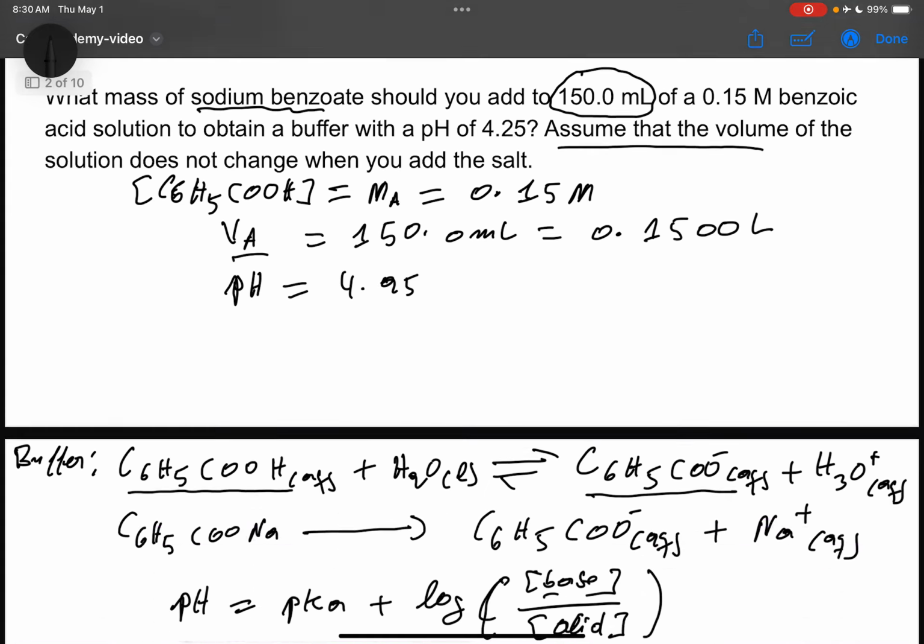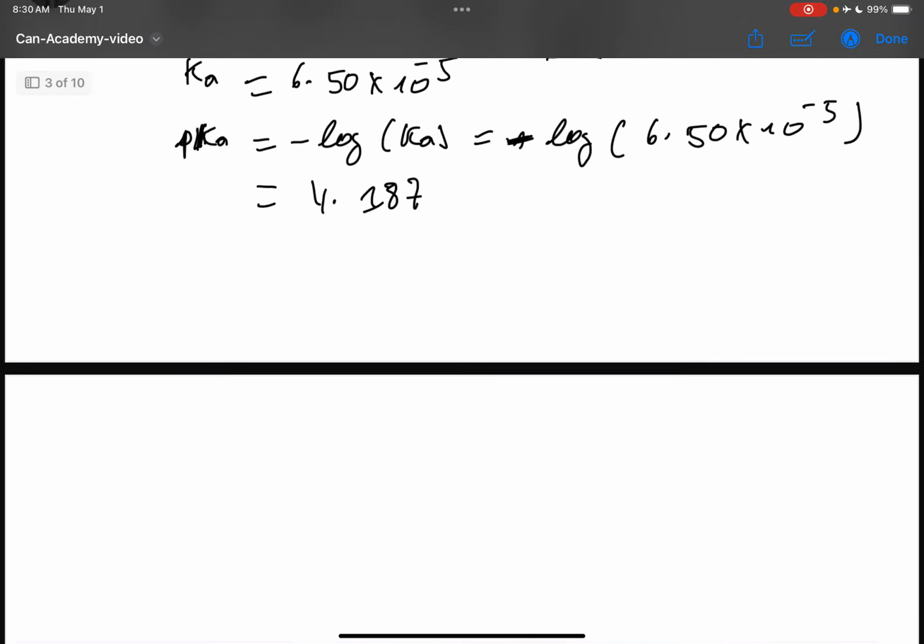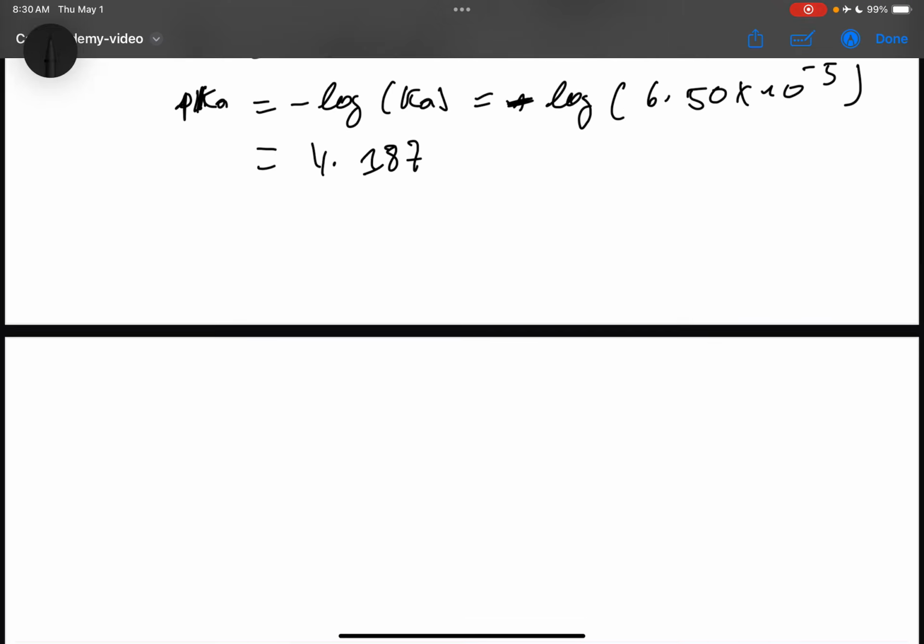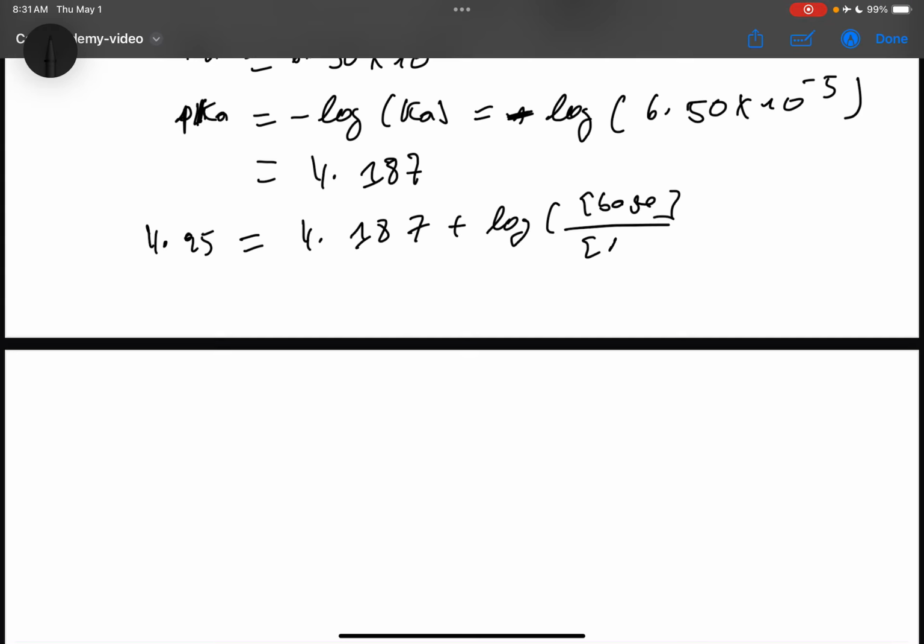Let's first calculate the concentration of this base. We have 4.25, the pH, which is equal to pKa, 4.187, plus log of concentration of the base over concentration of the acid.